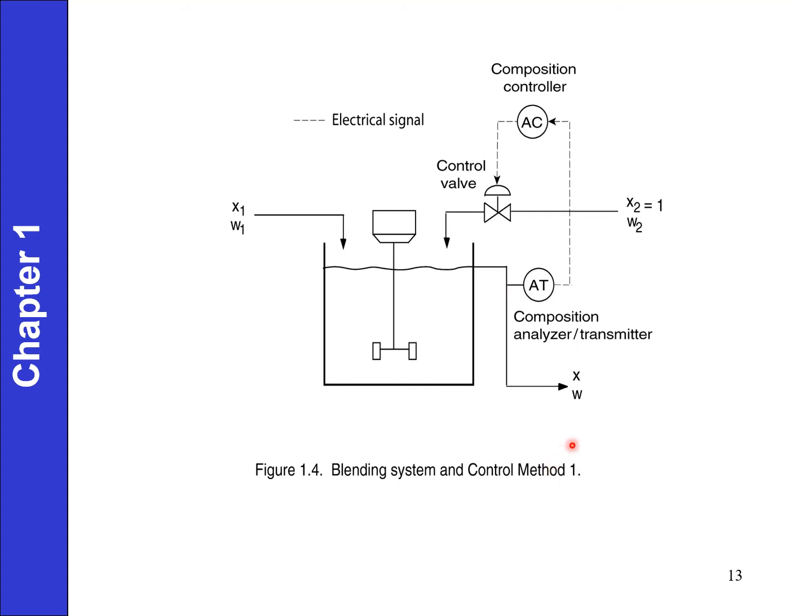If we choose method number 1, we have to put in a composition analyzer transmitter, with the symbol AT, capital A and capital T, and the composition controller is capital A and capital C. The dotted line represents an electrical signal in our blending system. If you notice, figure 1.4 is different from the previous figure because in this case we have to change W2, so we must measure the composition with the installation of a composition transmitter and composition controller.